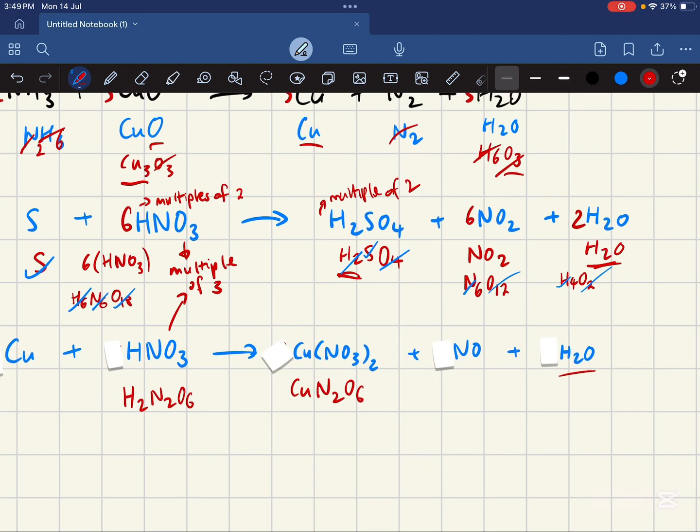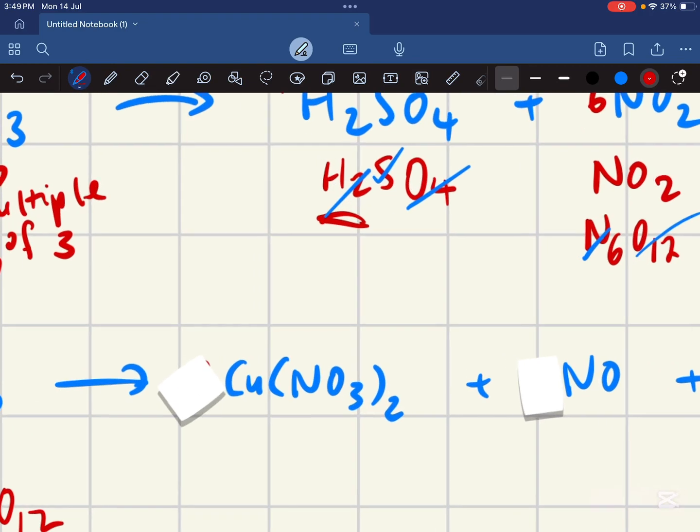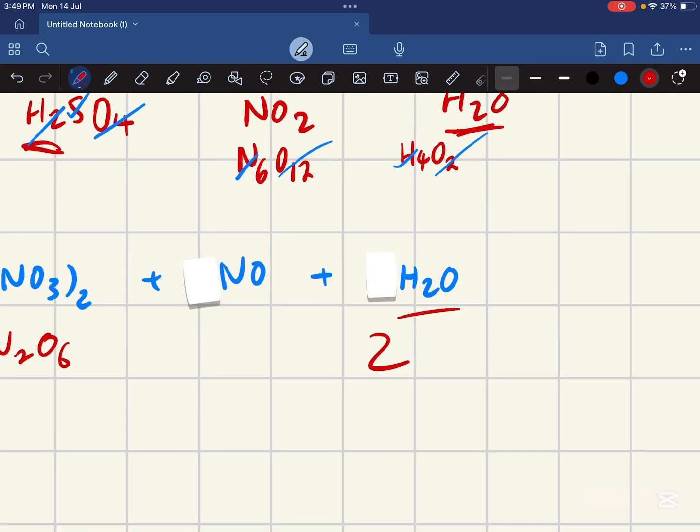Okay, so 2 is impossible. We have 4, and 2 over here. So H4, N4, O12, Cu, N2, O6, H4, O2.